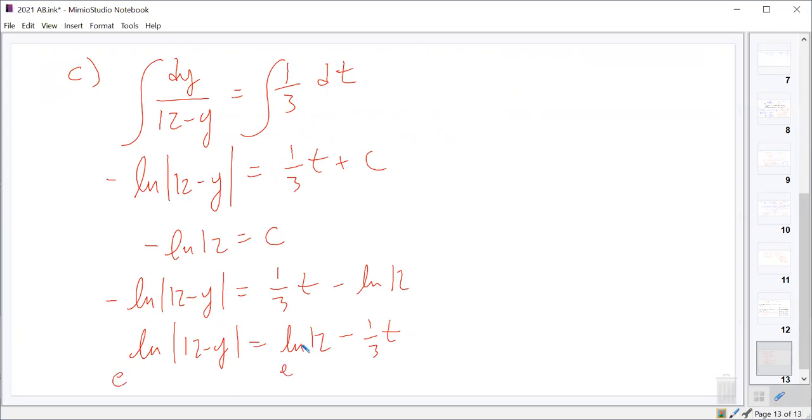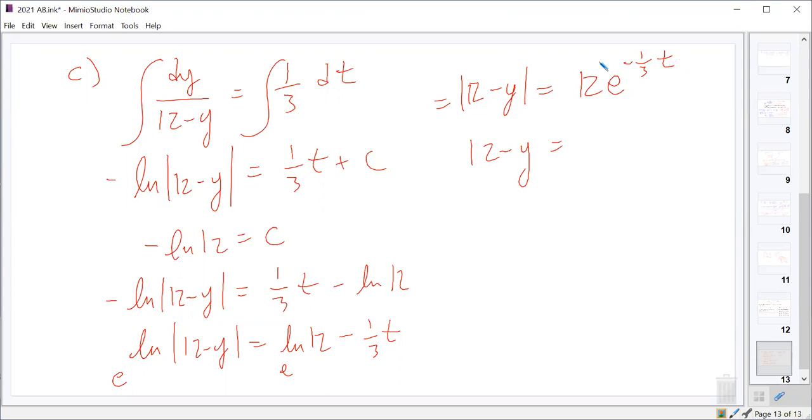Then we exponentiate both sides. You get absolute value of 12 minus y equals 12 e to the negative 1/3 t. Then we clear off our absolute values and determine if we need the positive or the negative. So we go back and think about our initial condition.